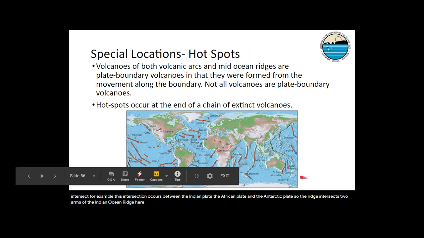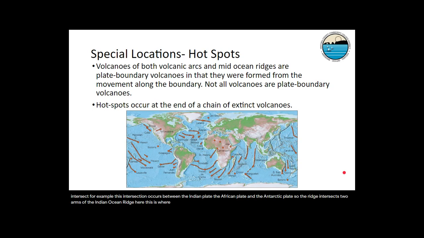Another special location is a hotspot. Volcanoes of both volcanic arcs and mid-ocean ridges are plate boundary volcanoes, formed due to plate boundaries specifically.